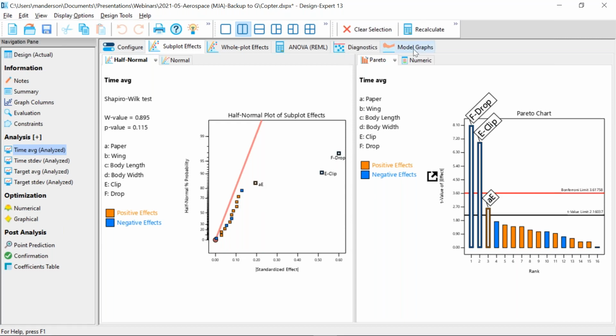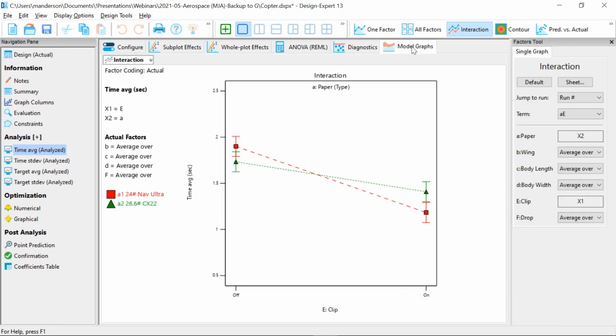So there was a little interaction there that was kind of interesting, which I'm showing right now, that when we switch to the really good paper, which is the green paper, then to get a longer flight, we didn't want to put the paper clip on. And I'm not sure how significant that really is, but there's a little bit of a switch over depending on what paper you have on whether you want to put the paper clip on or off on the time.